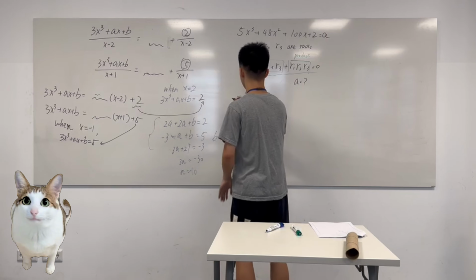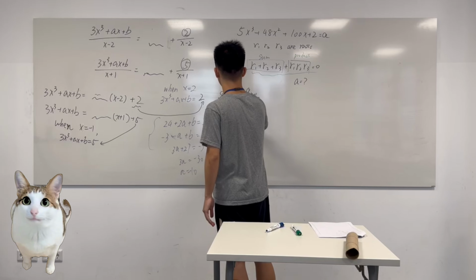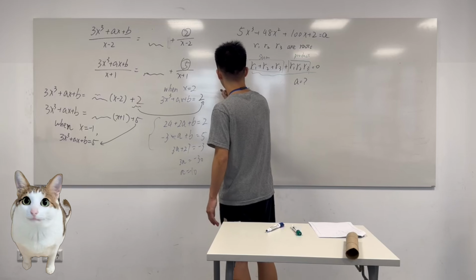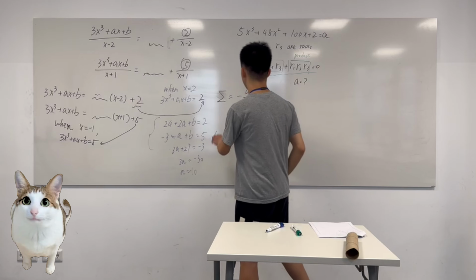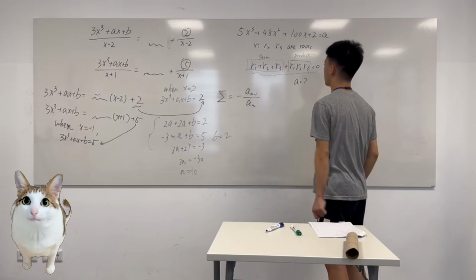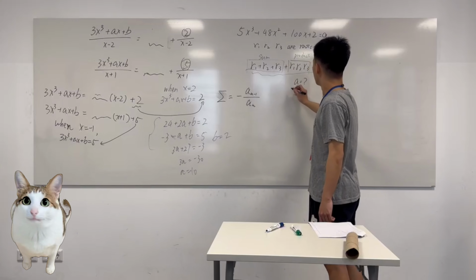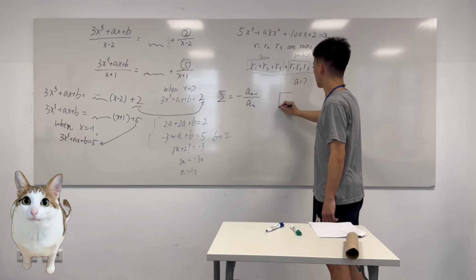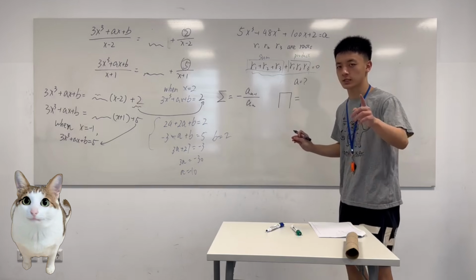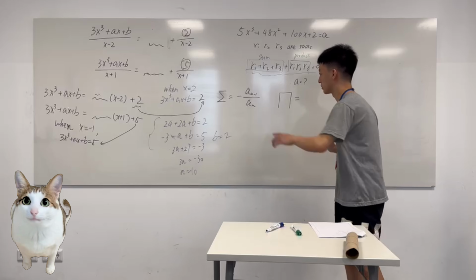And we know it is a sum. Okay, I prefer to use sigma. Sigma is equal to this. And for the product, I prefer to use this sign. You guys can ask ChatGPT why I use these two signs.